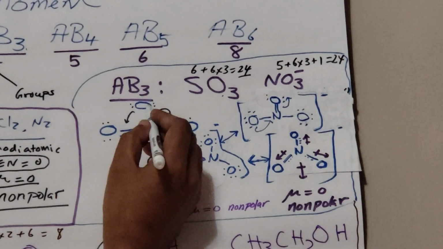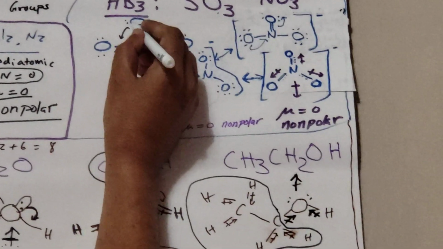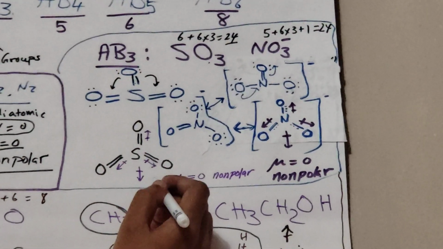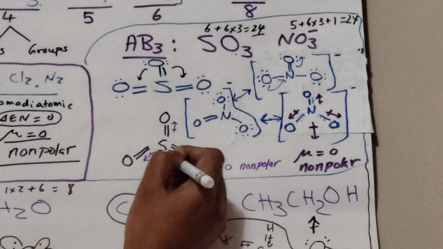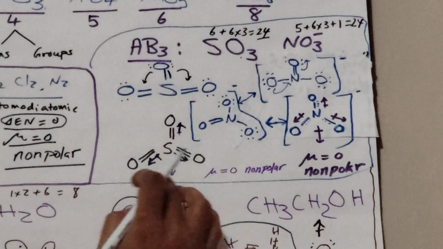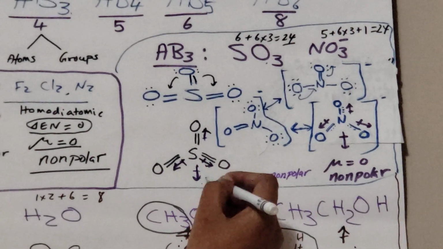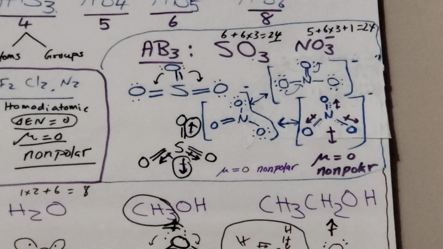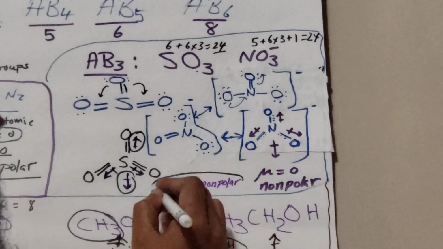But see here, this side is crowded, but you have nothing here. Because of this, the bond will push on this bond and this bond, so it will be a trigonal molecule. One of the dipoles will be this way, because oxygen is more electronegative, another one is this way. The resultant dipole of these two is this way, right? And this one is opposite, so they will cancel each other. So the dipole moment is 0, this is non-polar.